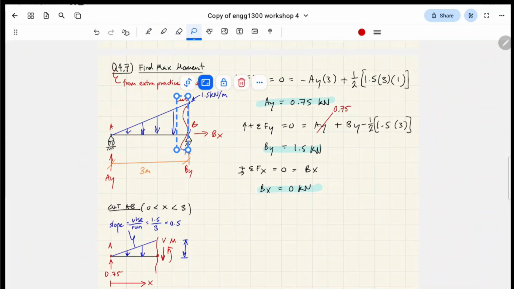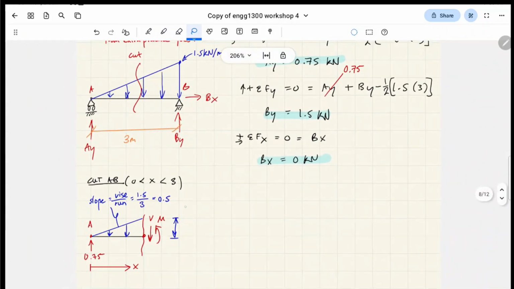So it's this varying distance, which we're going to call x. The slope stays the same for this triangle, but the height is going to be a varying height as we move our cut along that part of the beam.